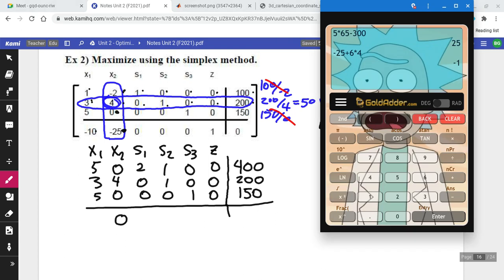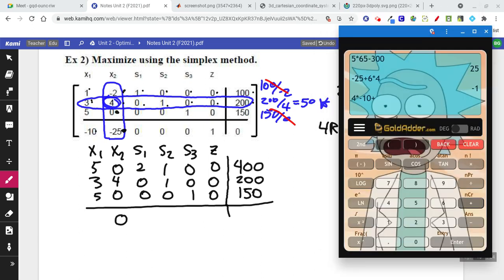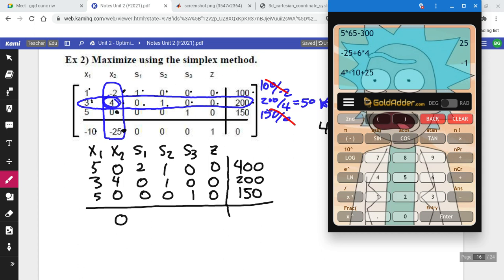Let's go to a calculator. We've got 4 times negative 10 plus, what was it, 50? No, 25. 25 times 3. 35.